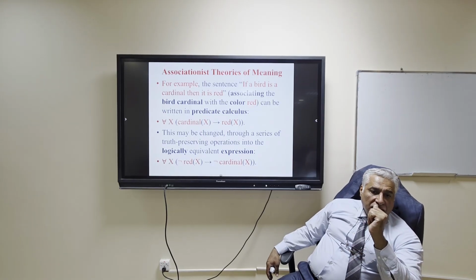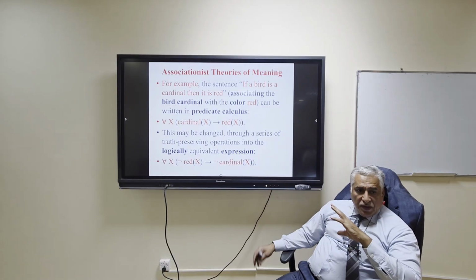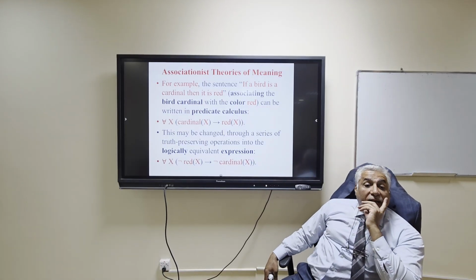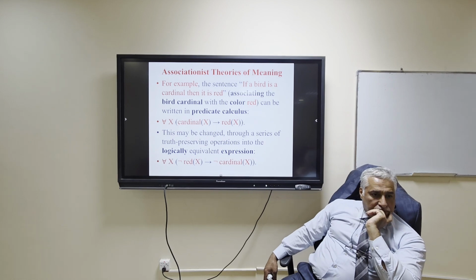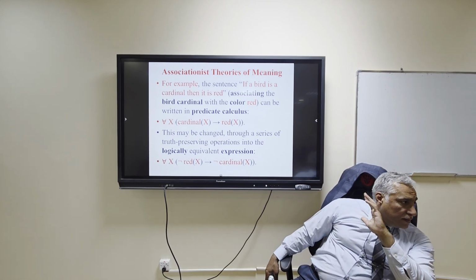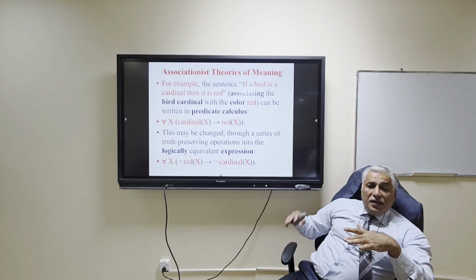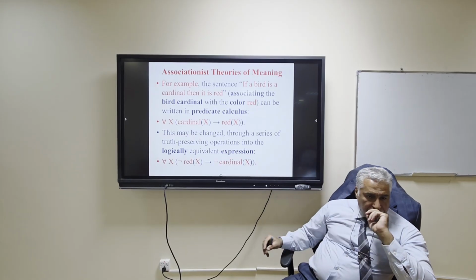Or if x is an object that is not red, that means not cardinal. This is logically equivalent, and they have the same truth value.